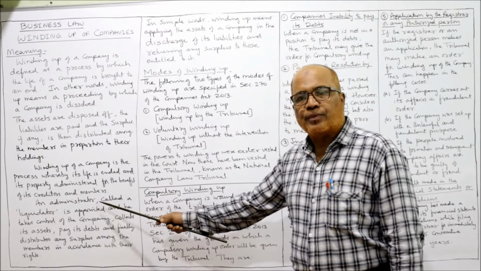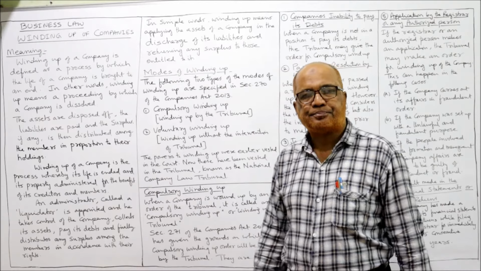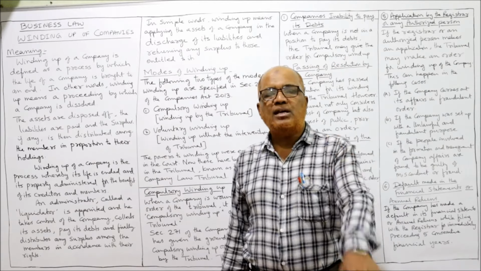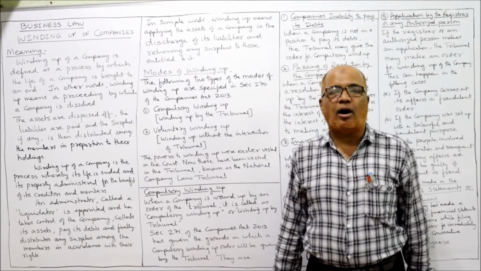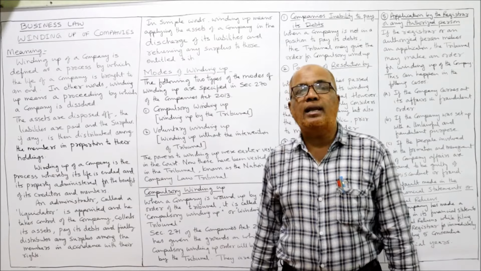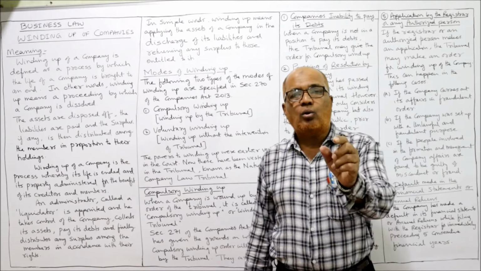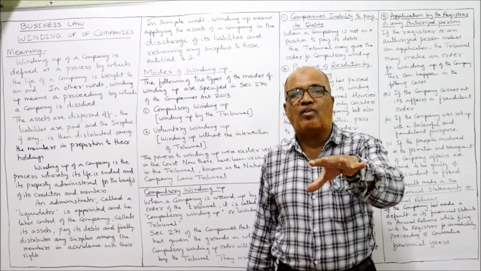An administrator called a liquidator is appointed, and he takes control of the company. That means whenever a company is wound up, an administrator will be appointed, and that administrator is called the liquidator. The liquidator is a person who is appointed when the company is wound up.